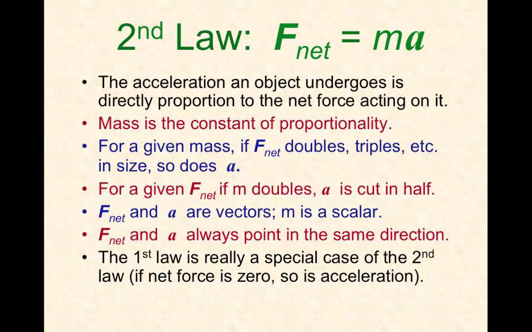Now, the other proportion that we haven't talked about yet is that of mass. Now remember, mass is the amount of stuff that's in an object. So, for instance, a tennis ball has much less mass than a moving truck does. A moving truck is a much more massive object.